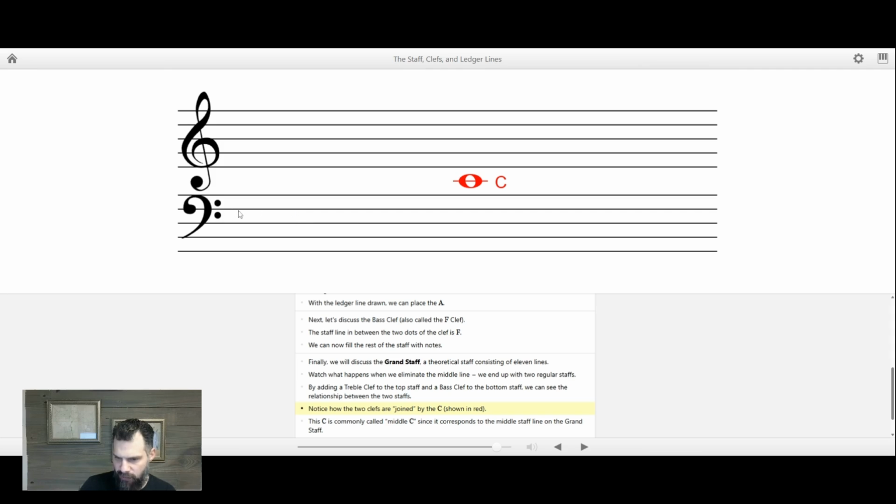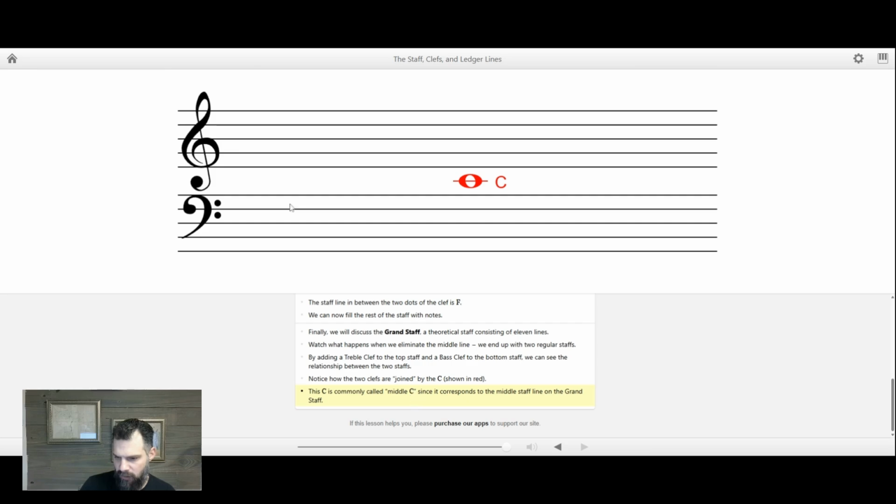If we know this is an F, okay, on this line, if you go F, G in the next space, A in the next line, B in the next space, then the next line would be middle C. So that's C. If we start up here on this line here, we know that this wraps around G. So this line here is G, and then the note underneath it is F, and then the note underneath that is E, and then the space underneath that is D, and then the line underneath that would be middle C. So this is where the two clefs meet, and collectively these two are known as the grand staff.